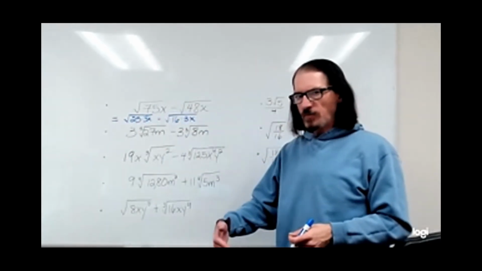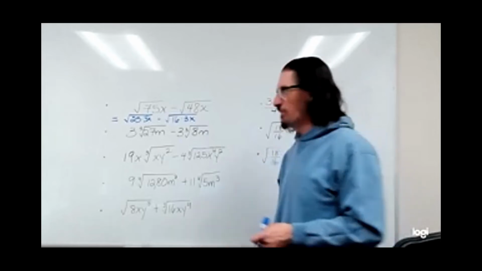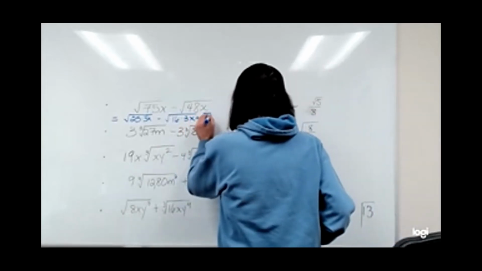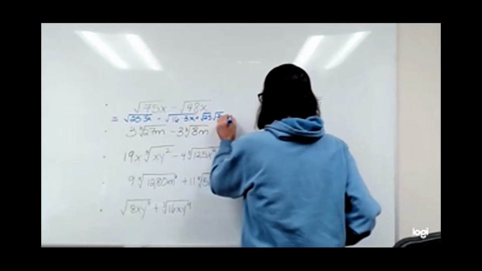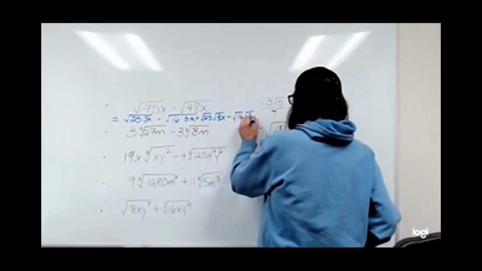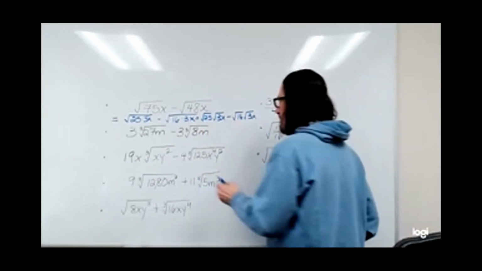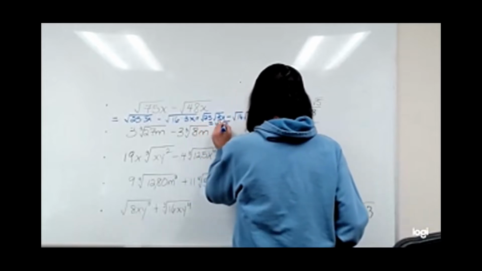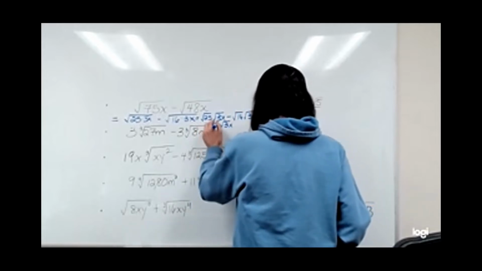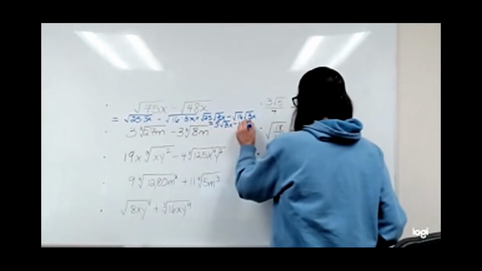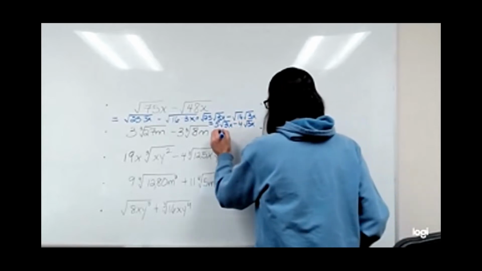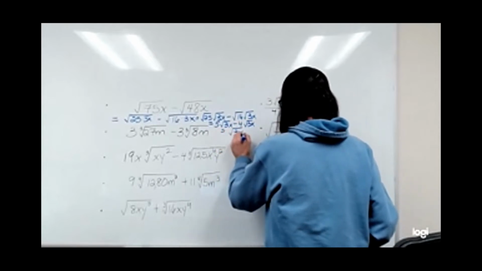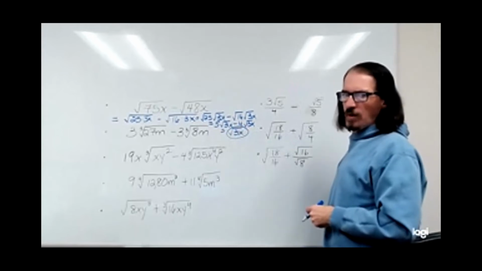So I'm not going to be able to do anything simplifying these radicals that involves the variable. Use the product rule, and take the square root of the 25 and the 16. It's going to give us 5 times the square root of 3x minus 4 times the square root of 3x. And 5 minus 4 is 1. So our final answer is just square root of 3x.